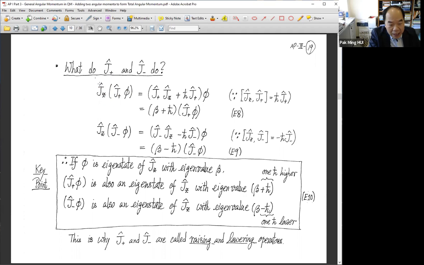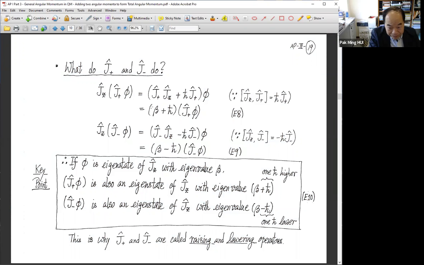So the left-hand side has some physical thought behind it. Take phi, which is an eigenstate of Jz, operate J plus on it and ask, is it still an eigenstate of Jz? If it is, there will be a number times J plus phi, okay? So that is the idea.